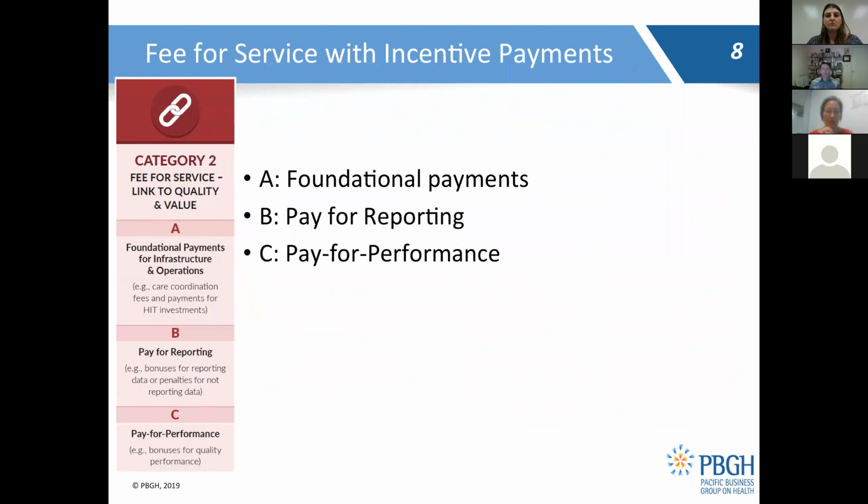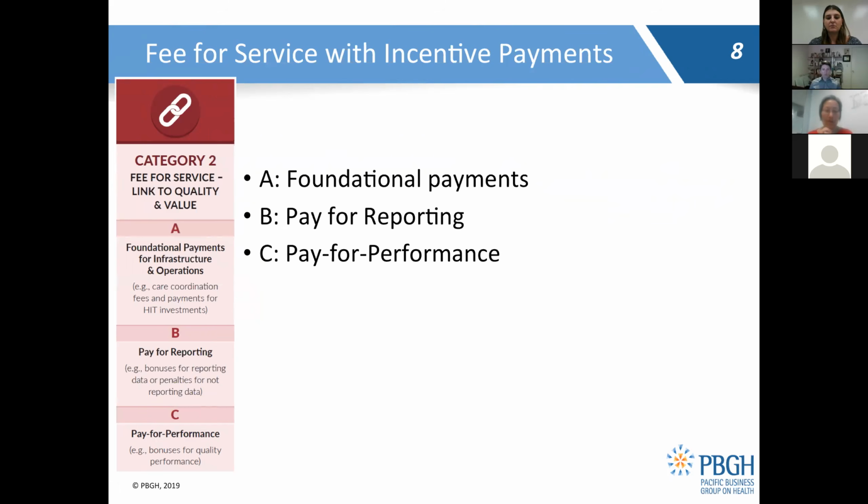One of the things that we see very commonly today are base payments that might be added on to fee-for-service that support care management, for example, a per member per month care coordination fee, or specific payments that might support IT investments, as Hunter mentioned with respect to the HITECH program a few years ago.